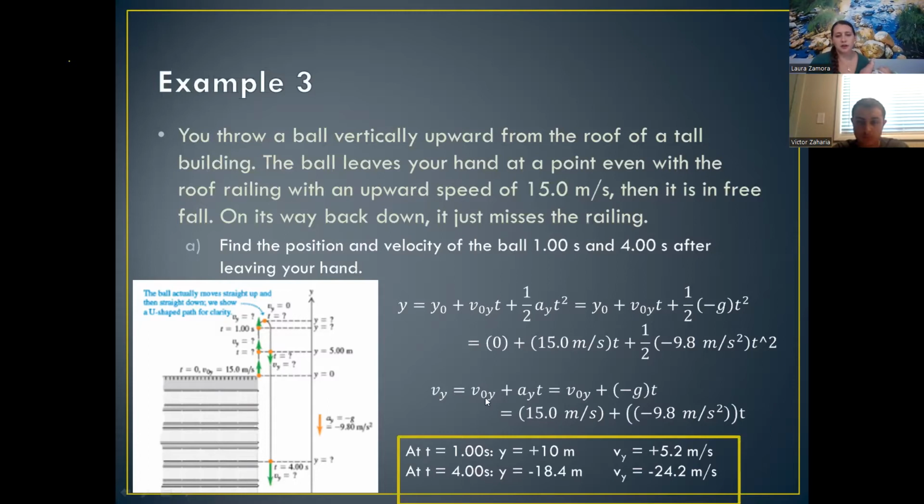And since our initial velocity was 15, right, we threw it upward with 15 meters per second. Our acceleration, since it's in free fall, is negative 9.8 meters per second squared. And then that time is 1 second for that part. So 15 plus negative 9.8 gives us a velocity of positive 5.2 meters per second.